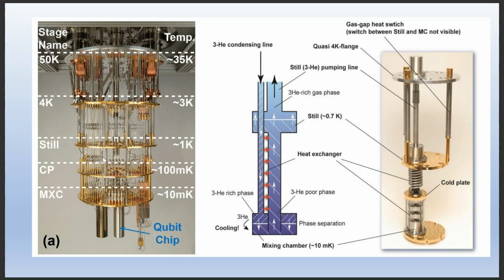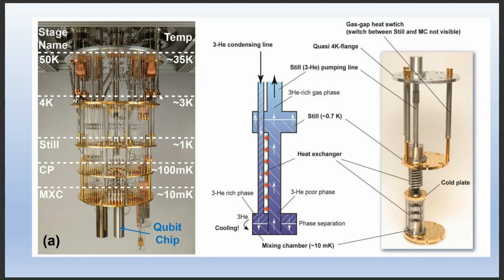It is inside this, so it is not clear here, but helium liquefies below 4.2 Kelvin, so it is mandatory to keep the temperature around 4 Kelvin. After that we can introduce the helium-3 and helium-4 mixture. Then there is a heat switch. This is the heat switch. When it turns off, it isolates this part from that part.